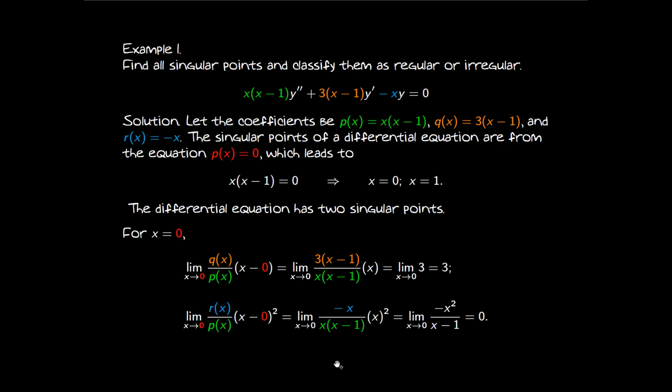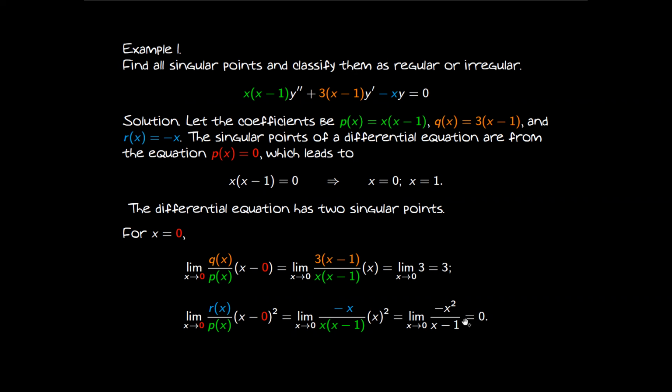The second limit problem is we have to check R over P and then times x minus the singular point squared, when x approaches the singular point. And once again, you're going to plug all the expressions in and do the corresponding cancellations, and then you're going to end with this expression. For this expression, when you put the 0 in, the denominator is not 0, so it's well defined.